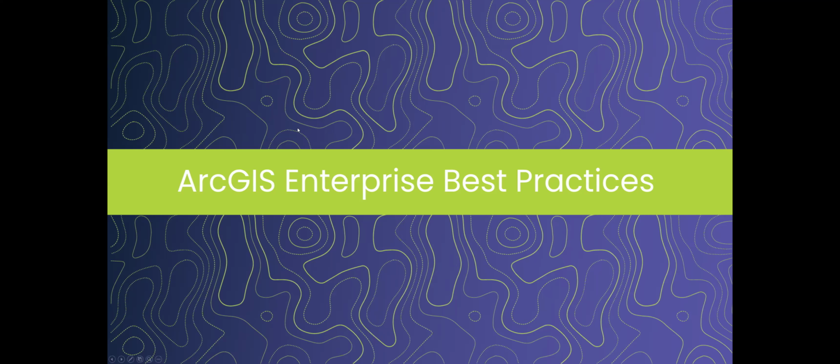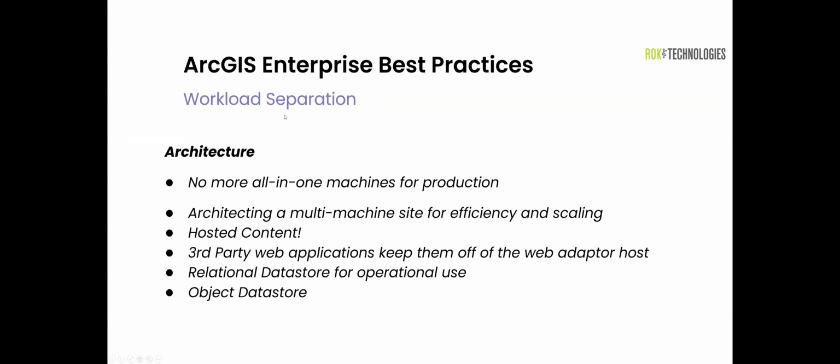Well, it'll come back. I think I'm going to touch a little bit on a lot of things here, but basically, I wanted to touch base on the architecture side, really drive home workload separation. So we want to increase the speed and efficiency of ArcGIS Enterprise.